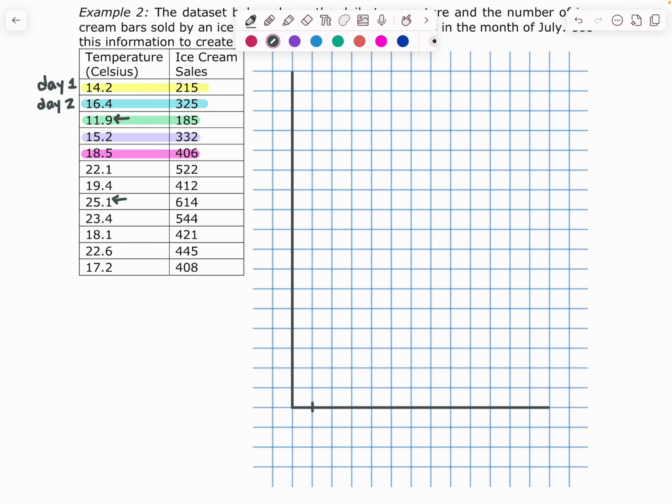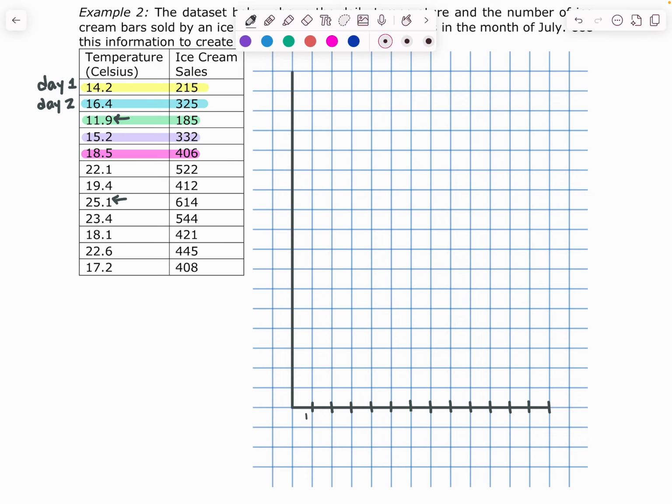So I'm going to make my little tick marks here. Let's see, if I do 10 to 26, I have 1, 2, 3, 4, 5, 6, 7, 8, 9, 10, 11, 12, 13.